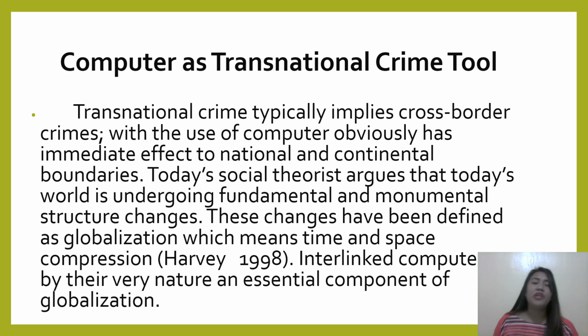So computer as a transnational crime tool kasi, okay, syempre naman po, if it includes two or more country to commit crime, okay, syempre po maapektuhan po dyan yung security ng ating national and continental boundaries. Okay? Ang examples po kasi ng mga transnational crime, kagaya na lang po ng mga human trafficking, Pilipinas, ipupunta sa ibang bansa, illegally, okay?